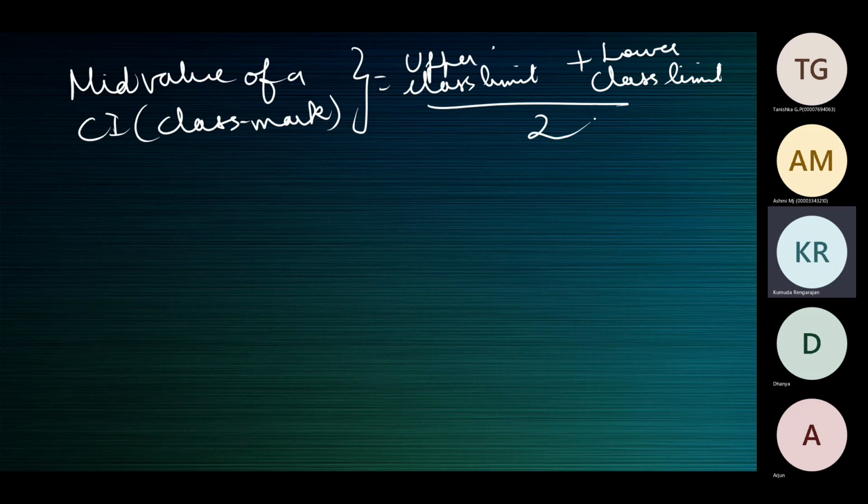You can write either limit first. So class mark is the upper class limit plus the lower class limit, by 2. Make a note of this.